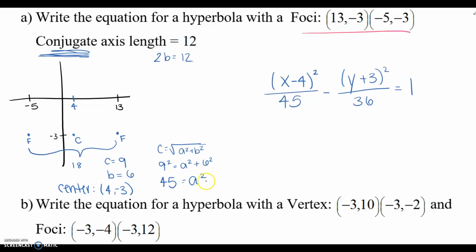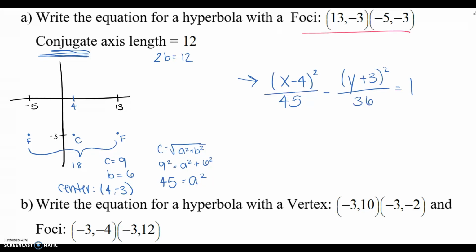So I solve for a squared, and I really only need a squared for my formula, so I just stopped there. Now because my center and foci are going horizontally, I know that's going to be my transverse axis, which means my equation has to start with x squared over a squared.